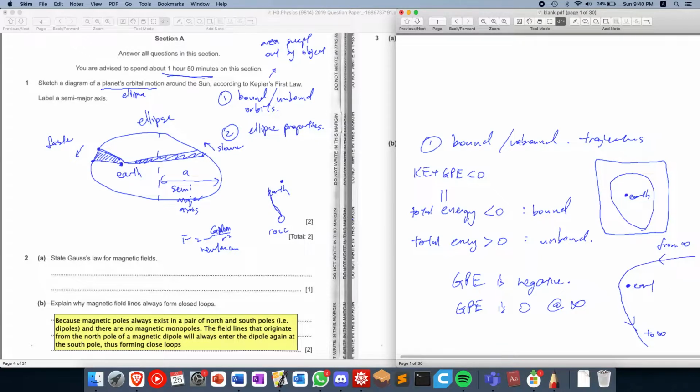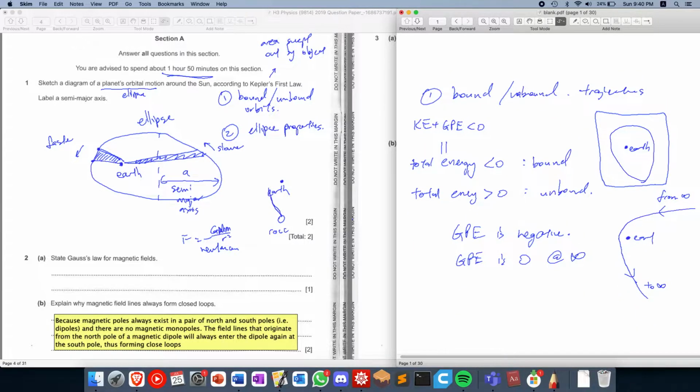So with these two facts, we realize that the closer the object, because the GPE is minus GMm over r, the closer the object, the more negative the GPE.